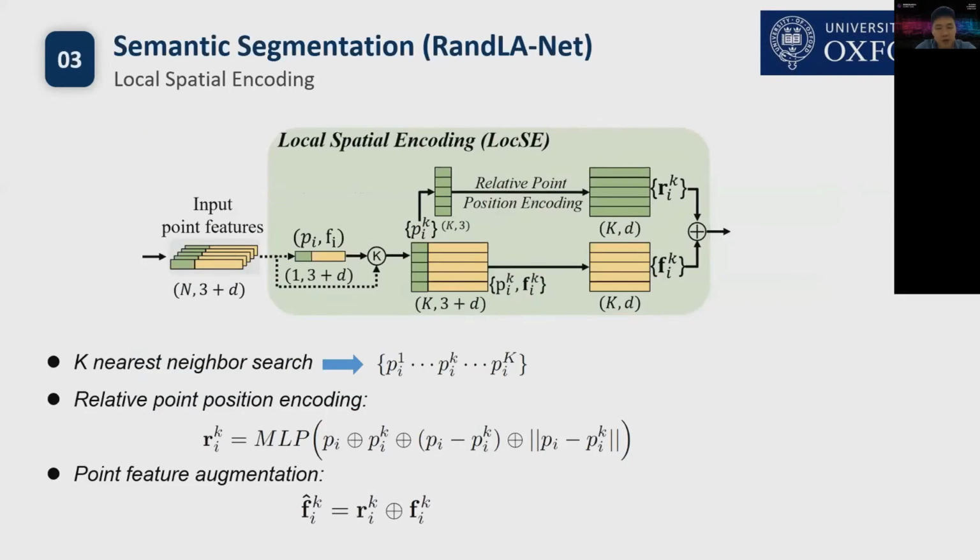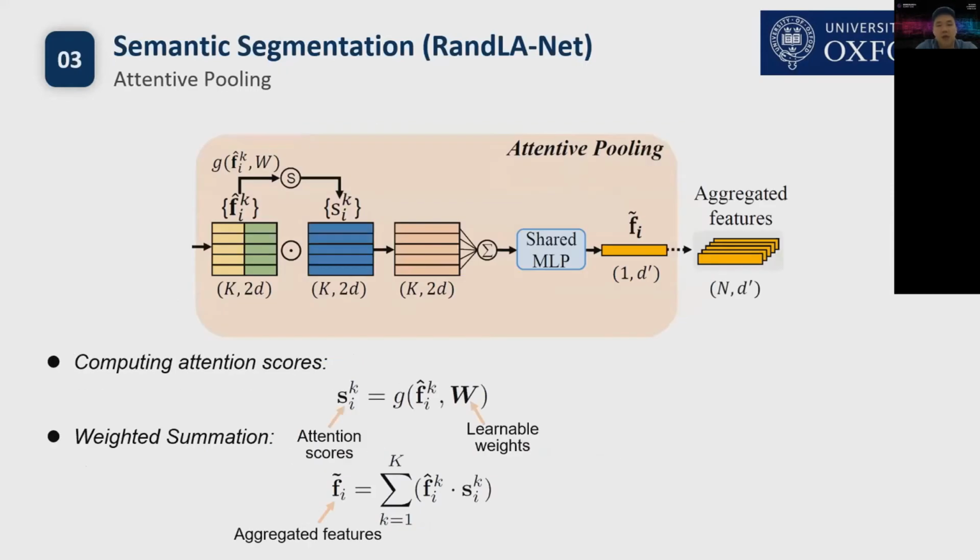For the input point cloud, we first use a k-nearest neighbor search to find neighbors for each point, and then we explicitly encode the point positions and also the relative point positions and also the Euclidean distance. And then we augment the raw features with this spatial encoding feature.